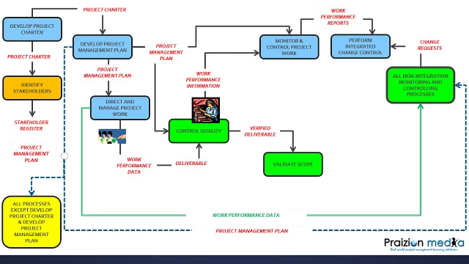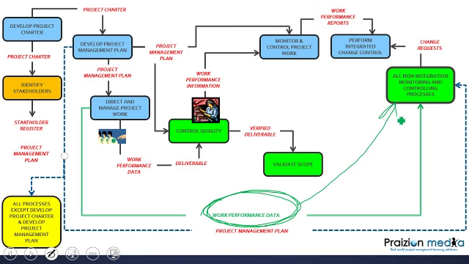You see, WPD goes into all of them. And it's very important. So again, I am going to circle it just to make sure we remember WPD is a sacred cow of the PMI. It comes out of direct and manage project work, and it goes to all of these guys.